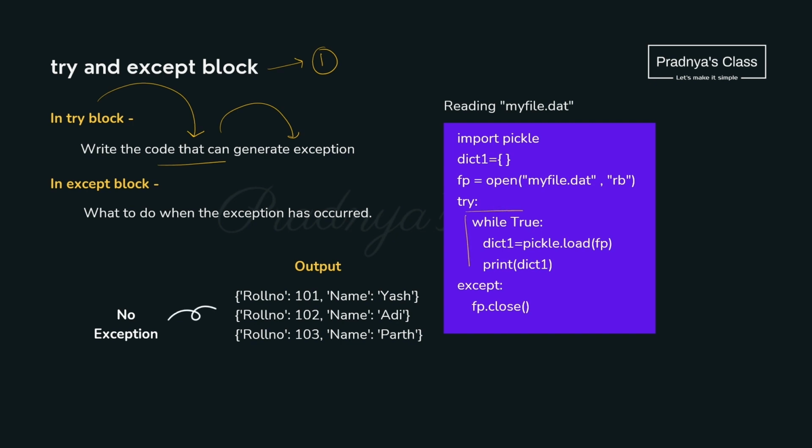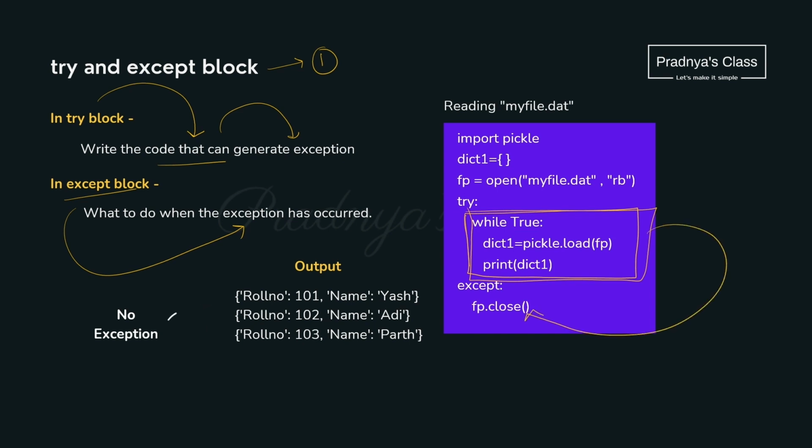We know this while loop is raising the exception because we are loading continuously data infinitely. And in the except block we need to handle that exception. When the exception will arise, control will come to the except block and we are closing the file. If we close the file, there is no case of loading more data from the file. Now we handle the exception, that's why we are not getting any error.